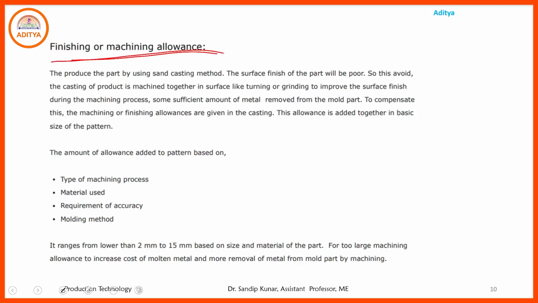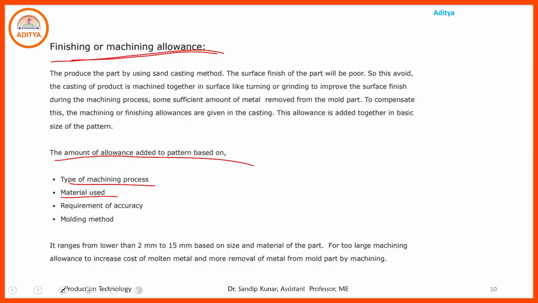The amount of allowance adjusted to the particular pattern depends on several things. First, the type of machining process: if we generate extra dimension on the casting product, what type of machining process we use for finishing. Second, the material used for producing the cast product.